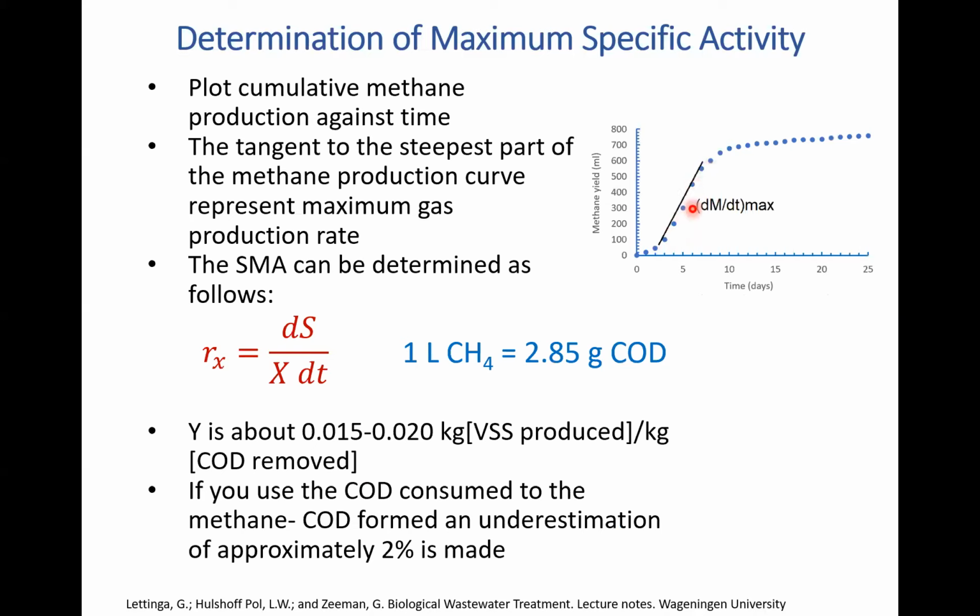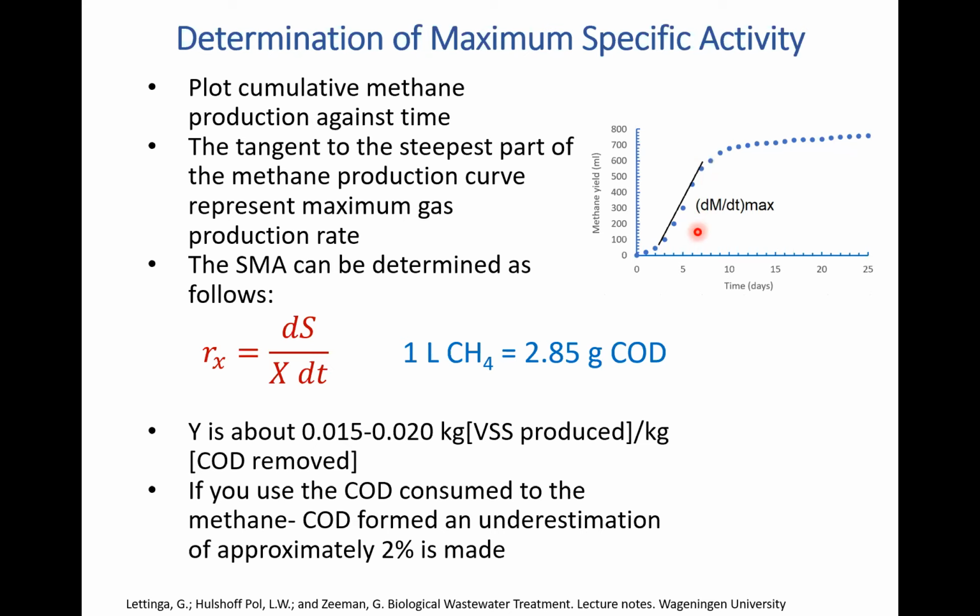Here is the curve of methane, and this represents the change of methane over time. You can take this part and plot it in Excel to get the slope, or you can say, between maybe day 4 and day 8 this is the maximum, and then get how many ml of methane were produced over this period from the difference in the y-axis and the difference in the x-axis, and you get this kind of change.